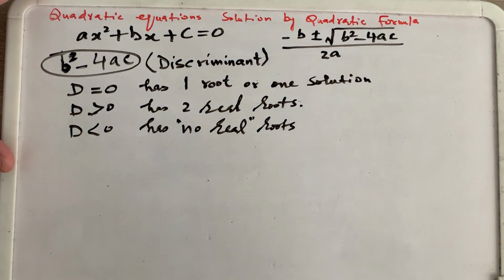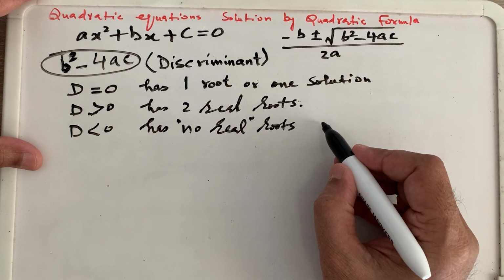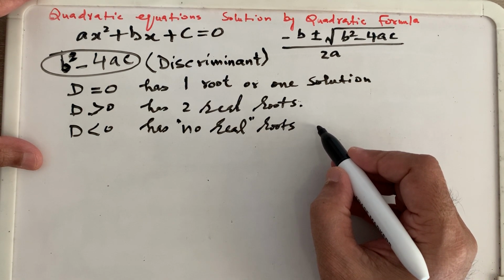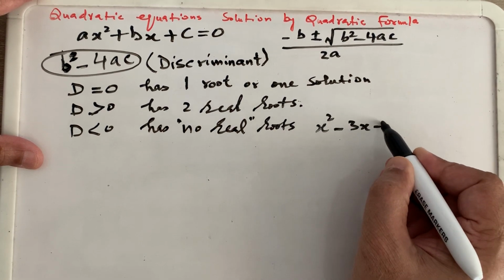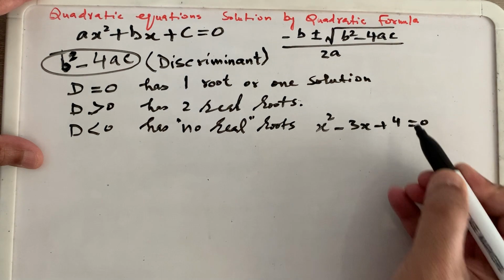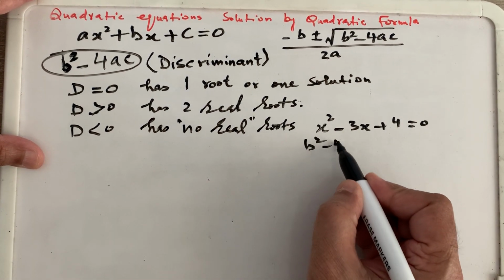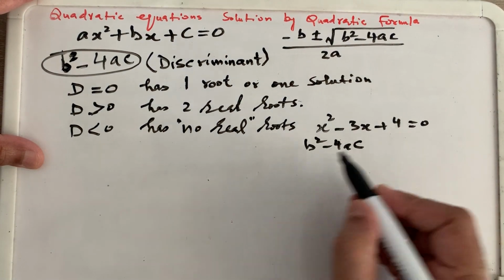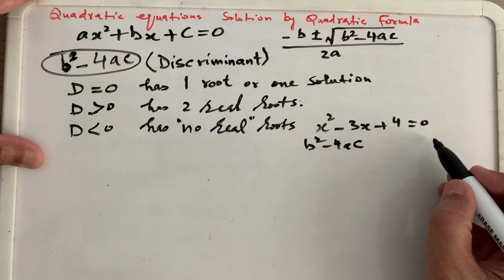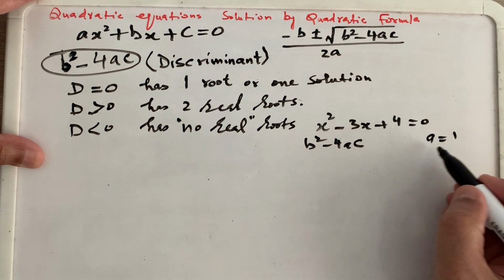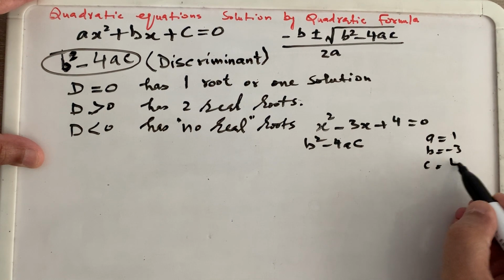So we will take some examples. For no real root, we can take x squared minus 3x plus 4. This is a quadratic equation. And what we have to see is b squared minus 4ac. So what is my a? A is 1. What is my b? B is minus 3. What is my c? C is 4.